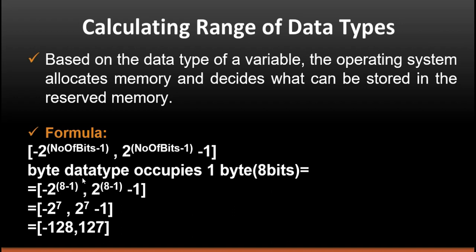If I am using the byte data type, I can assign any value in between. If I exceed this range, I will get an error. This way you can calculate the range of a data type. So you don't have to remember the range, you can remember only the bytes it occupies in memory.